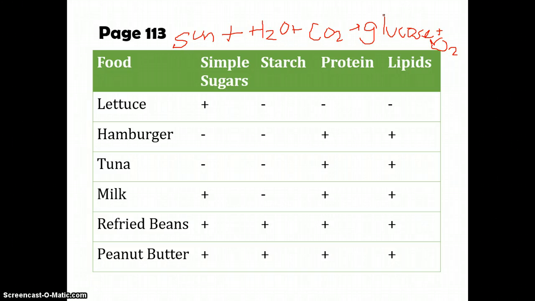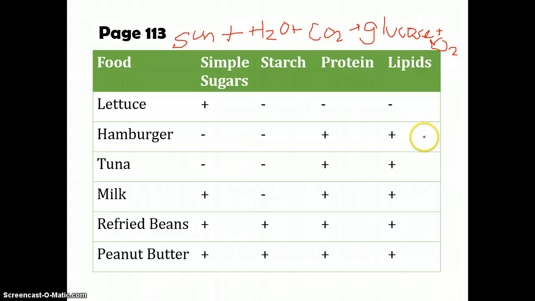Alright, so I'm flipping to the back page on page 114, and it asks which of the foods tested were positive for lipids. So we just take a look at this right-hand column. It would be all the foods except lettuce. Which of the foods tested use lipids as an energy source for young animals? So this was touched on before.